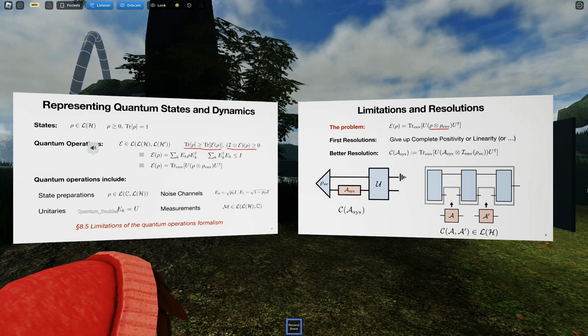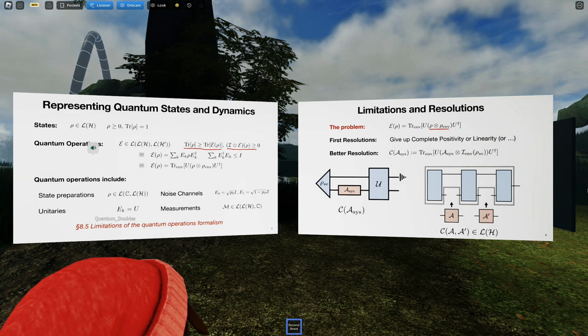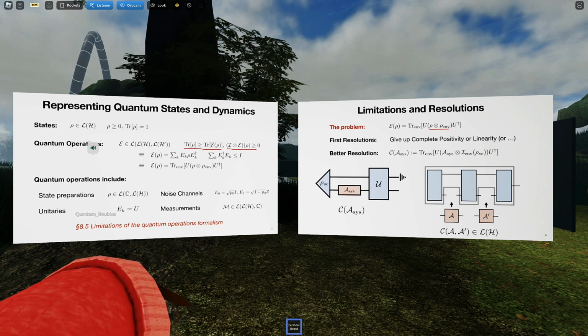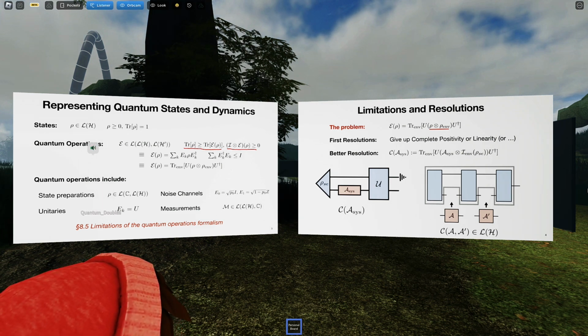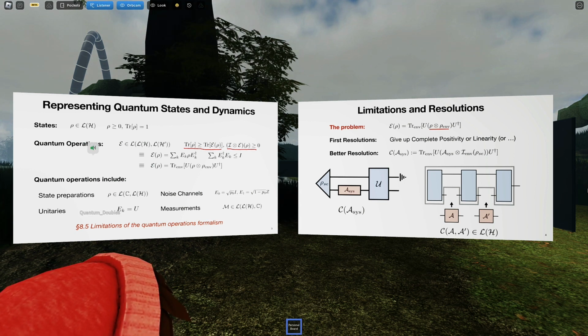Essentially, for any positive operator, potentially on a bigger Hilbert space, if we tensor our quantum operation E with the identity on the rest of the system, it still sends it to a positive semi-definite thing.